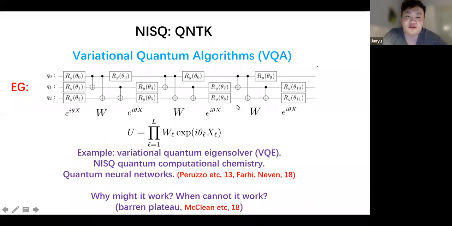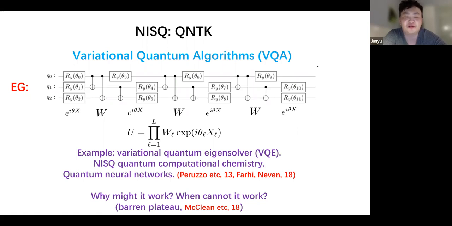This is called a variational quantum circuit if L is not very large. In this case, we are able to program this kind of circuit by changing different values of theta. We could even make a loss function and perform classical optimization methods with respect to theta, with respect to this unitary.